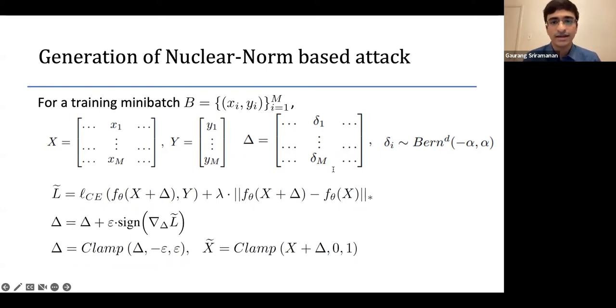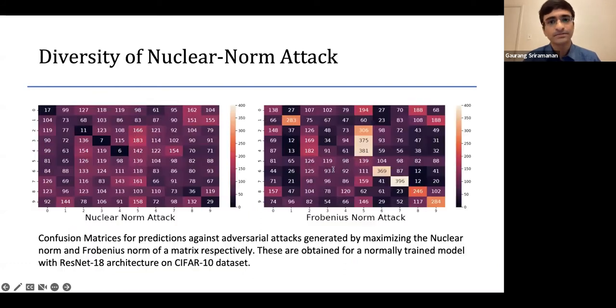The generated adversarial attacks are encouraged to go to a diverse set of classes as opposed to the most confused class alone, which is the most common target in standard cross-entropy based attacks or in attacks which utilize the Frobenius norm. Indeed, here we verify the same. We compare the confusion matrices for predictions of a normally trained model on the CIFAR-10 dataset against adversarial attacks generated by maximizing the nuclear norm and Frobenius norm, respectively.